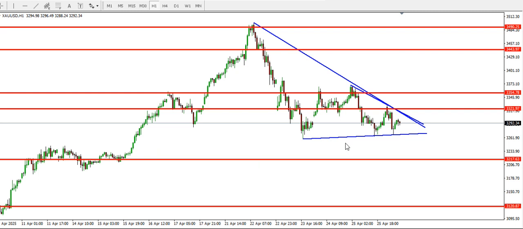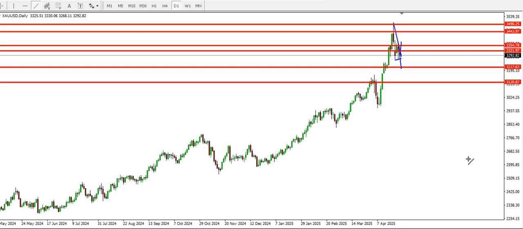So for now, price is ranging. Expect a breakout, expect a false break then the real direction, or expect a strong breakout in either direction. But the overall trend is still bullish. So what we are seeing now is a retracement.